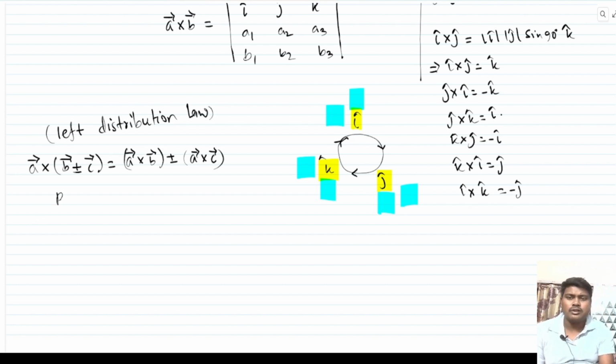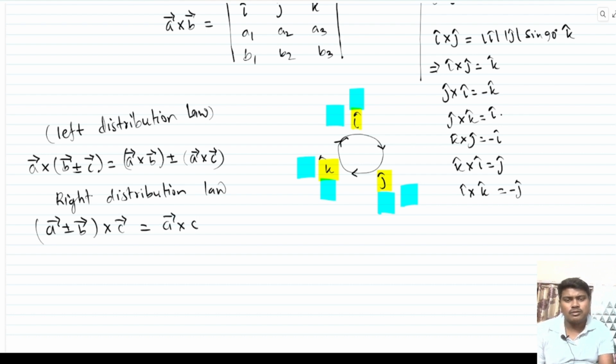Similarly, the right distribution law is as follows for the vectors a, b, and c: a plus or minus b vectors cross c vector is equal to a cross c vector plus or minus b cross c vector.